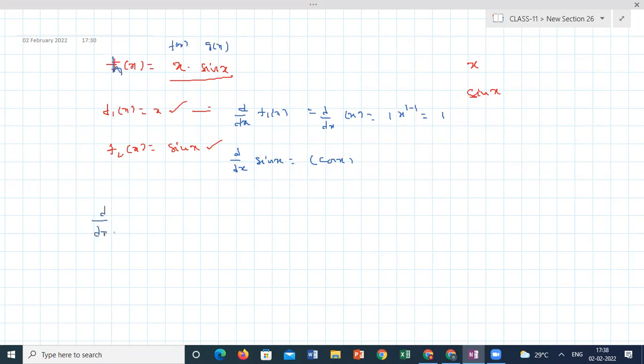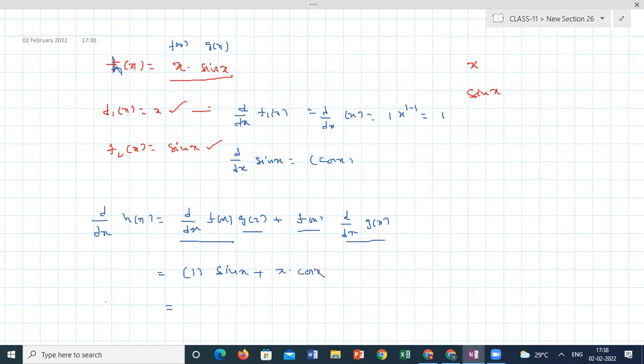So d by dx of the product of two functions can be written as d by dx of f of x into g of x plus f of x into d by dx of g of x. What is the differentiation of f of x? 1. g of x is sin x, as it is from the given. f of x is x. d by dx of g of x is cos x.